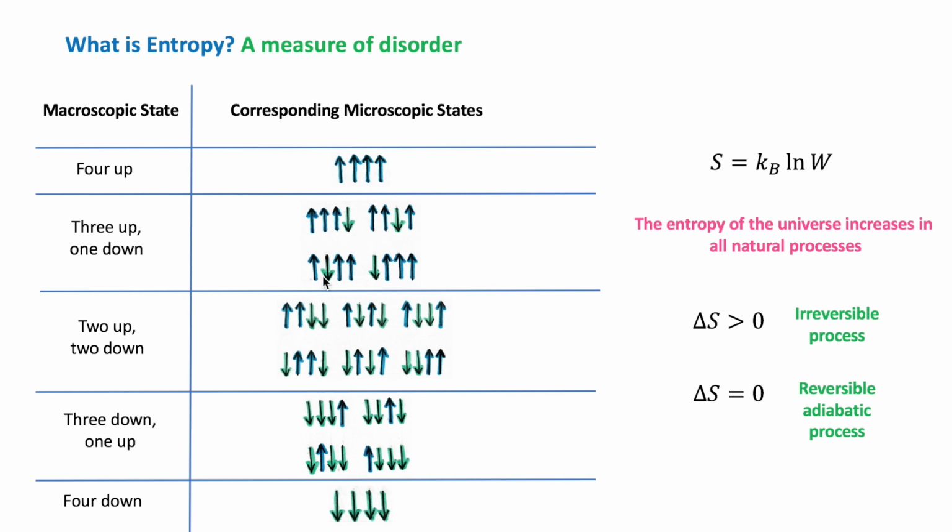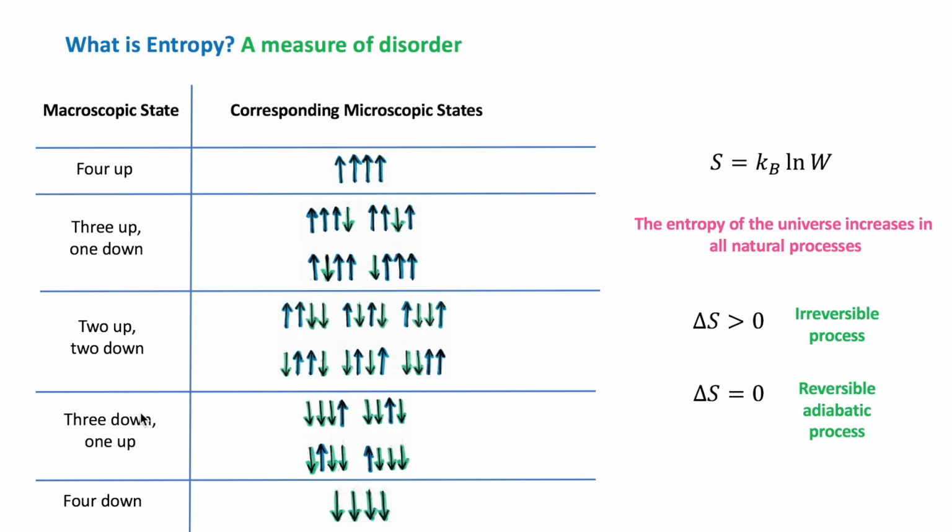Okay. And there are 6 possible microstates for a macrostate in which half the arrows are pointing up and half down. So 1, 2, 3, 4, 5, 6 possible microstates for this macrostate.